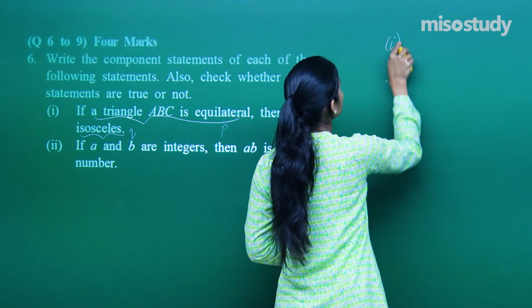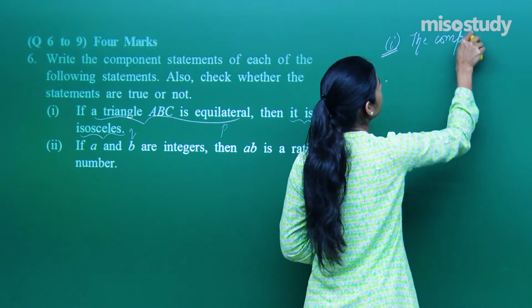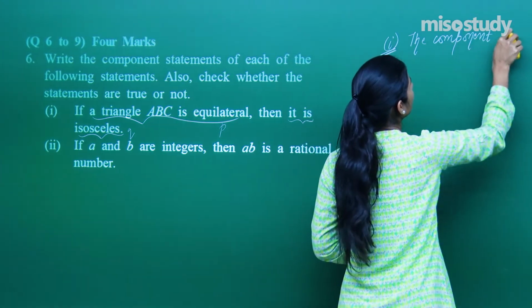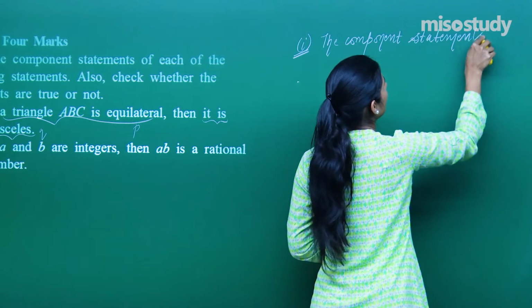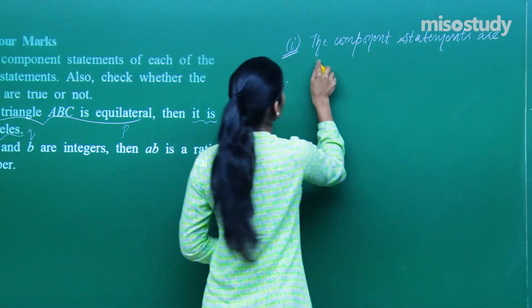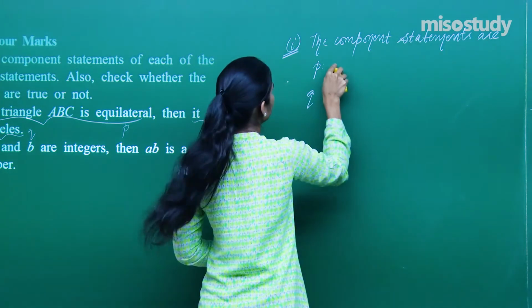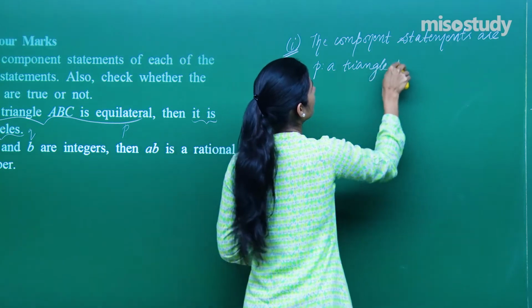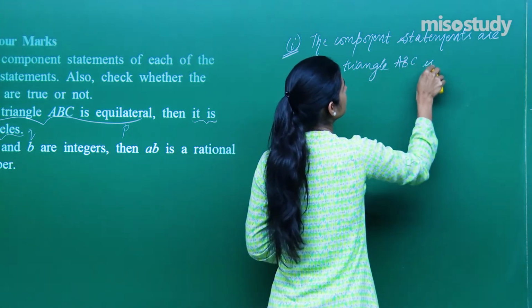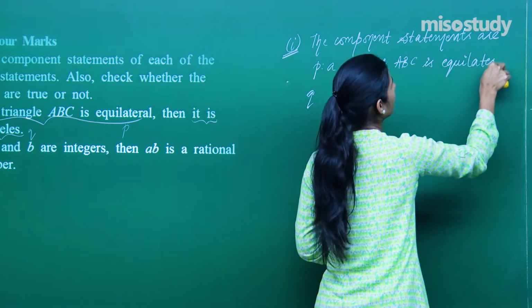So for the first, I can say that the component statements are P and Q, that a triangle ABC is equilateral.